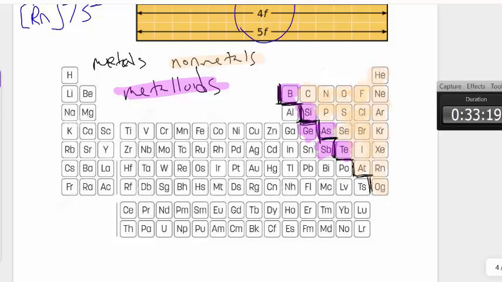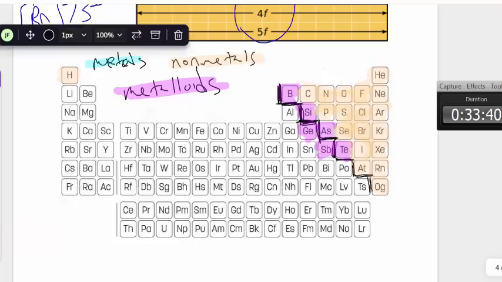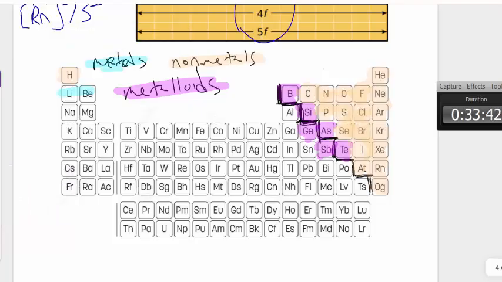So pretty soon we're going to talk about the elements and different characteristics they have, and we want to use the right terminology. So the nonmetals are on the right side of the periodic table, and then we're going to, oh wait, there's one more nonmetal. Hydrogen's on the left side of the periodic table, but it's classified as a nonmetal. And then the whole rest of the periodic table are metals.